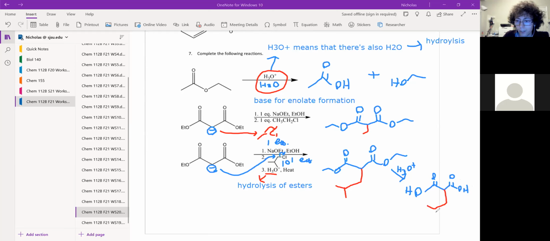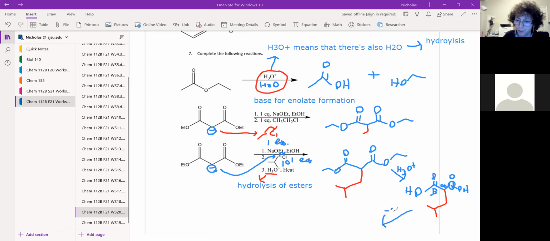And then once you do hydrolysis, you might notice that if we look at this carboxylic acid on the right, this is alpha, and the other carboxylic acid is beta to it, and we're heating the structure. We talked about a mechanism for this earlier. I'm not going to go over it again, but you could practice it with this structure. But if you have a carboxylic acid beta to any of your carbonyl and you heat it, then you're doing decarboxylation.